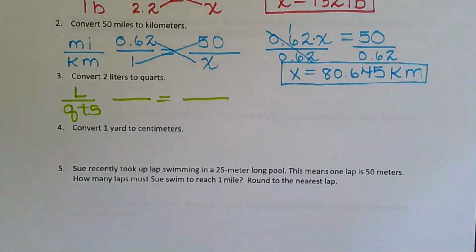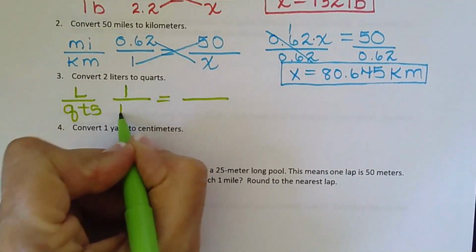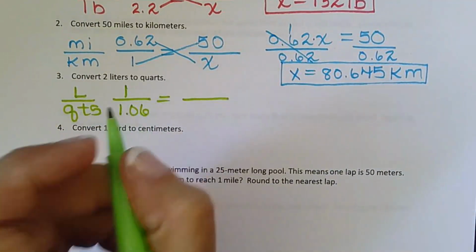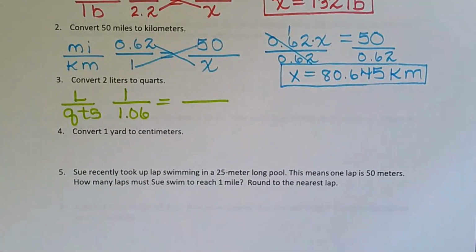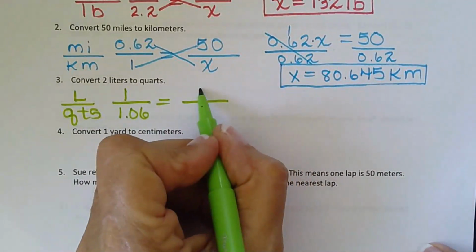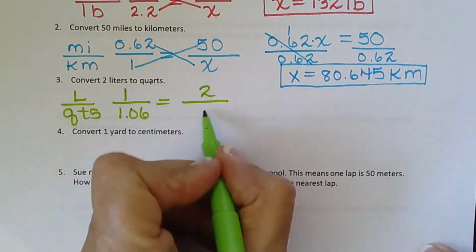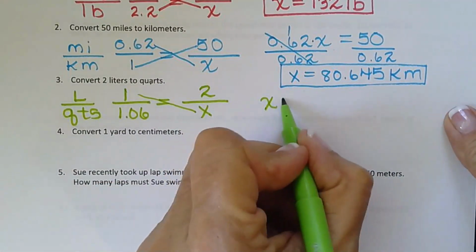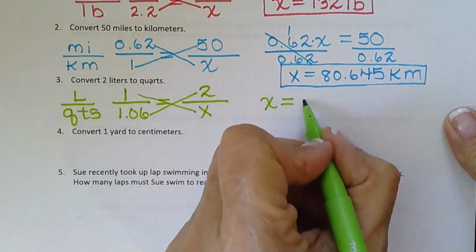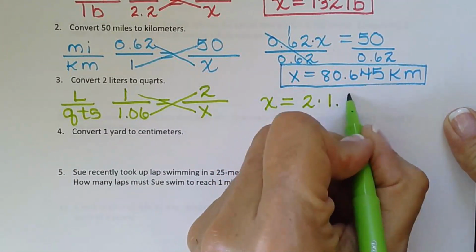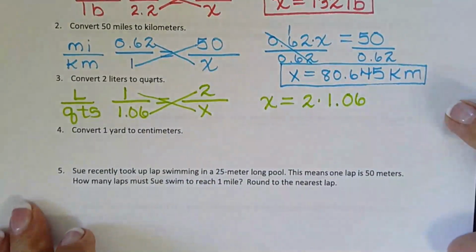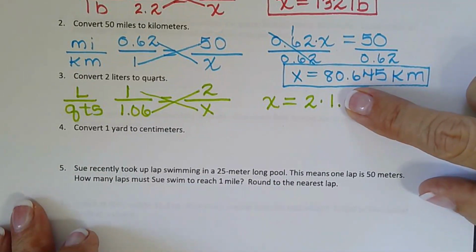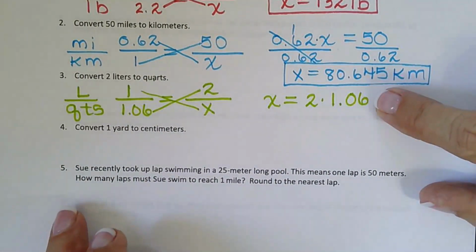So 1 goes in the liter, 1.06 goes in the quarts. Then this says 2 liters. And we want to know how many quarts. So multiplying across, 1 times x is x. Multiplying across this way, 2 times 1.06. I think we can do that one in our head. 1 times 2 is 2, and 6 times 2 is 12.